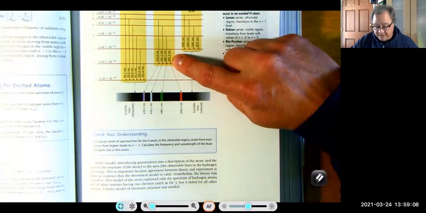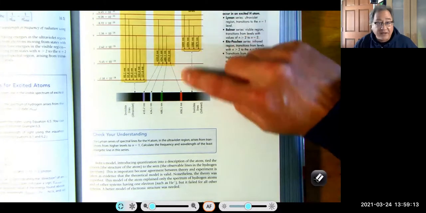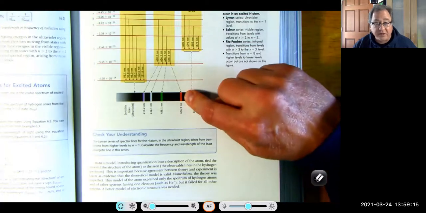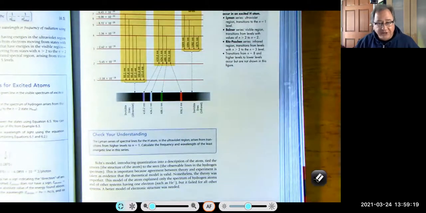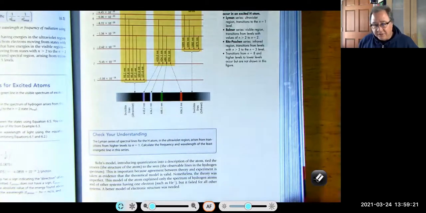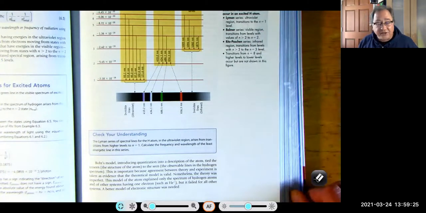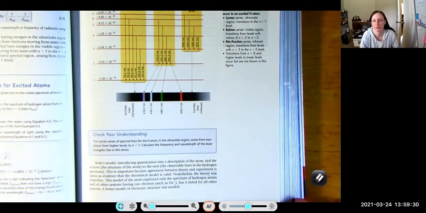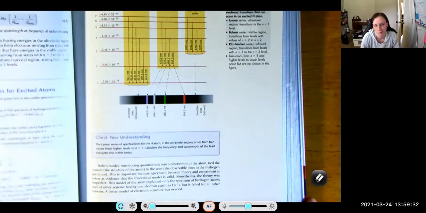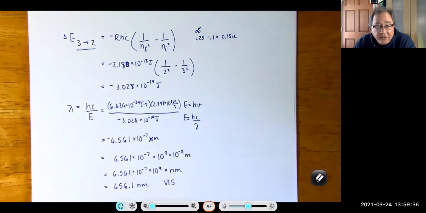Mm-hmm. Okay, and they're going from 3 to 2, and that's in the red part of the spectrum, which we know it should be, right? Because it goes ROYGBIV, R is near 700. Yeah. So what do you think about this calculation? Is it something that represents what we should get? Yeah. Seems pretty accurate.